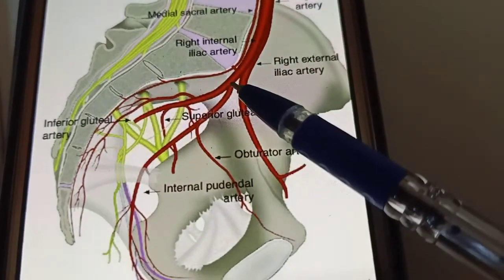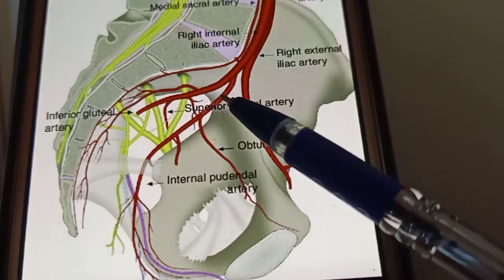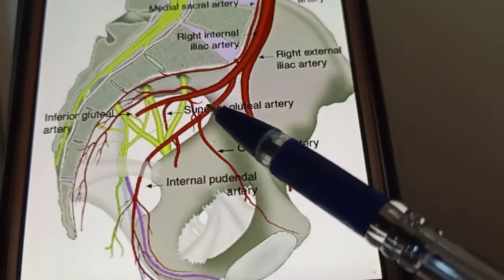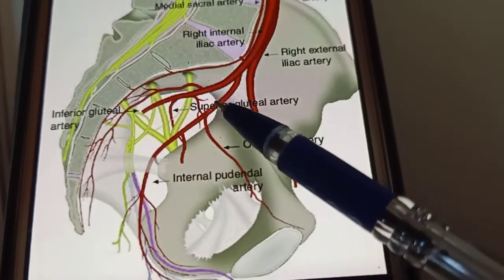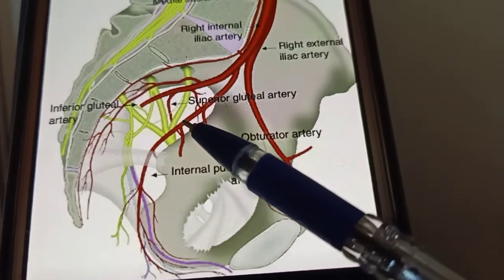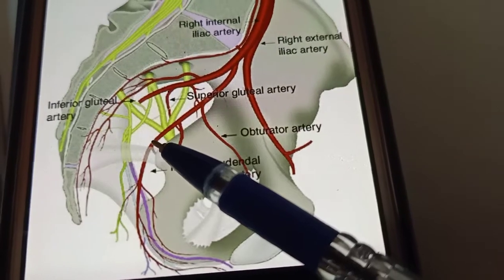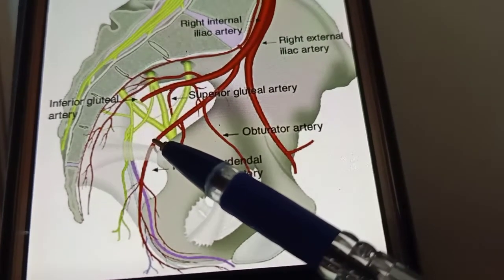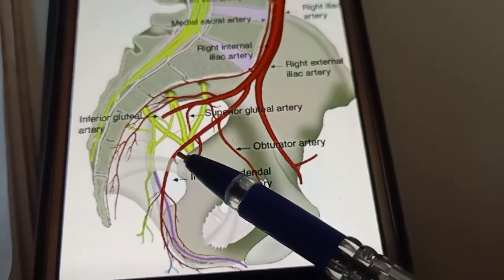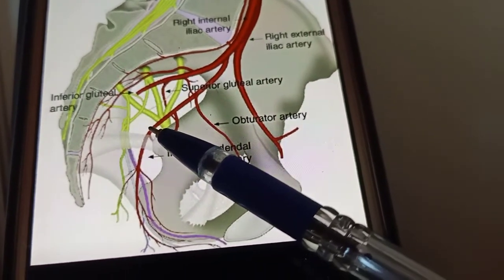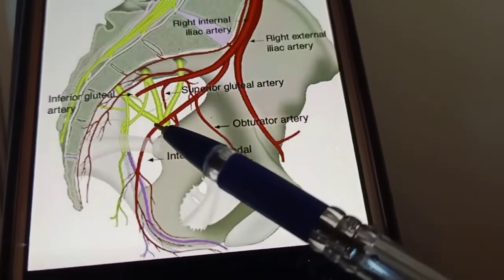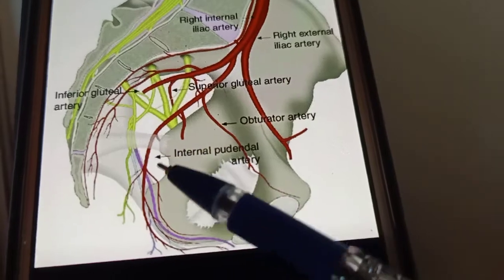So the internal pudendal is from the pelvis. It reaches the greater sciatic foramen, and it will reach the gluteal region through the greater sciatic foramen between the piriformis and coccygeus. Then it will enter from the gluteal region to the lesser sciatic foramen.